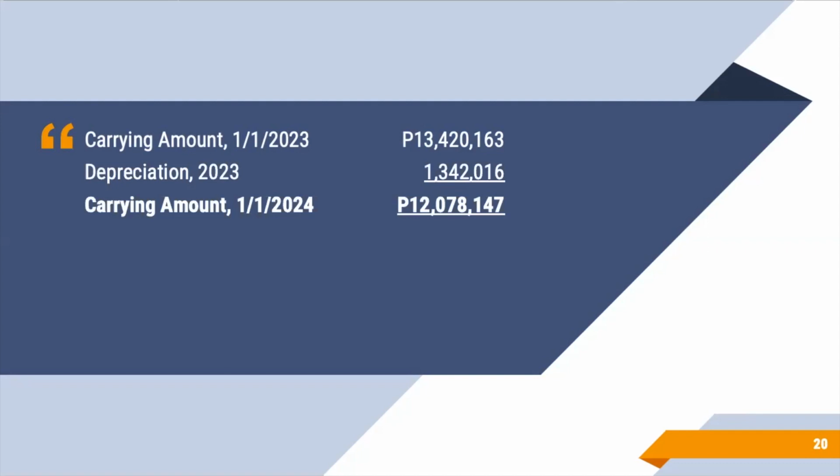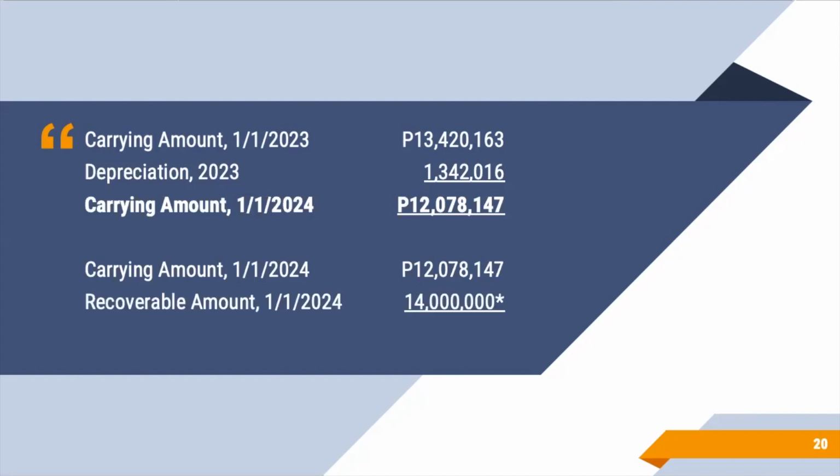So sabi nga, the recoverable amount is 14 million. The gain on reversal is 1,921,853. Pero again, yung 14 million, i-check natin if it does not exceed the would have been carrying amount.